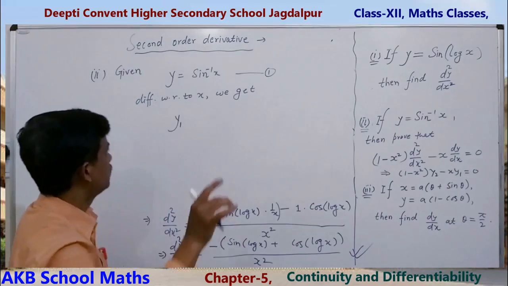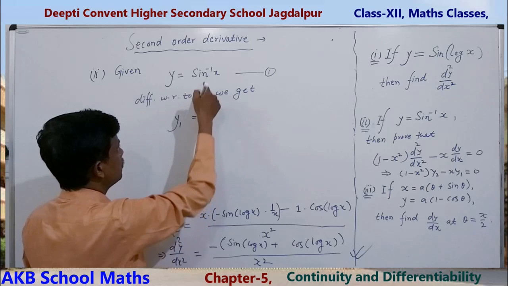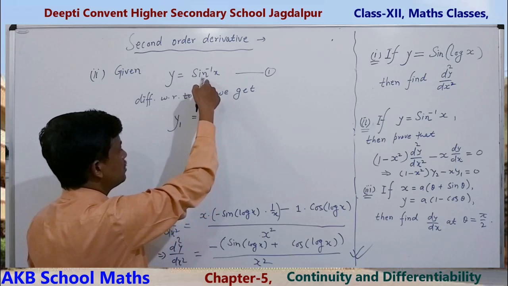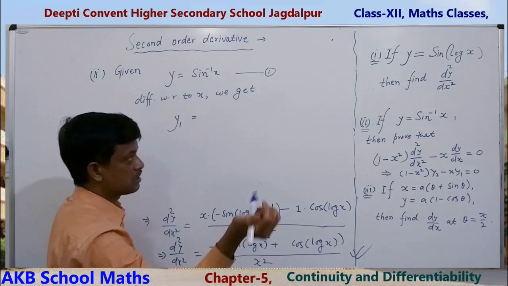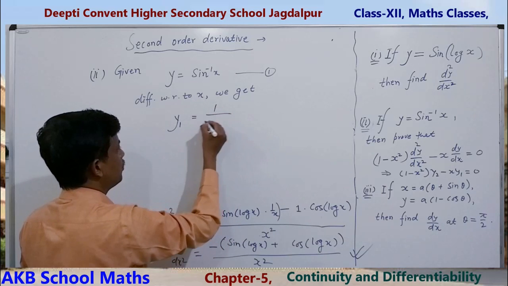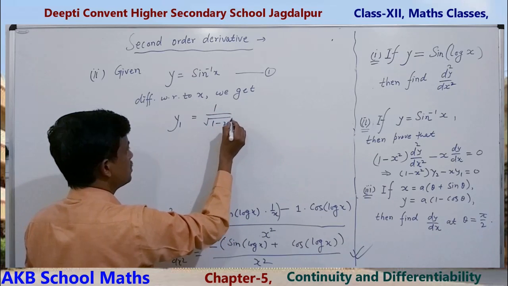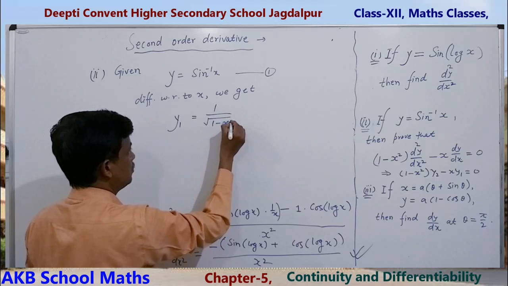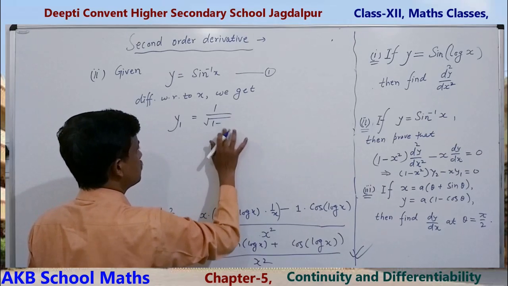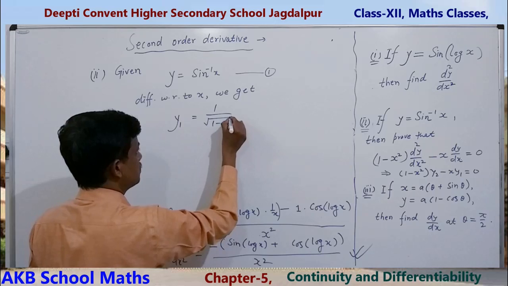First time differentiate, y1 equals to what? Differentiate this with respect to x: 1 upon root 1 minus x square. You know the derivative of sin inverse x equals to this.